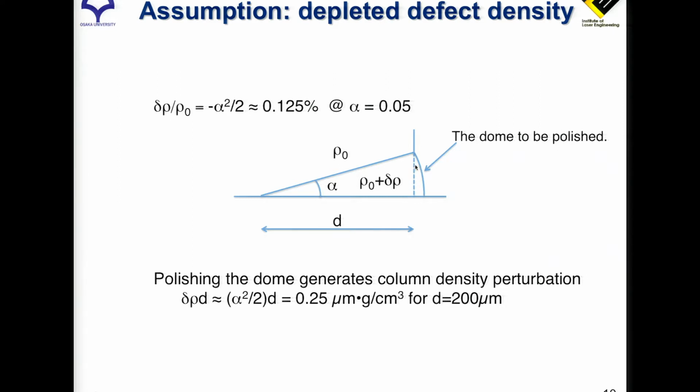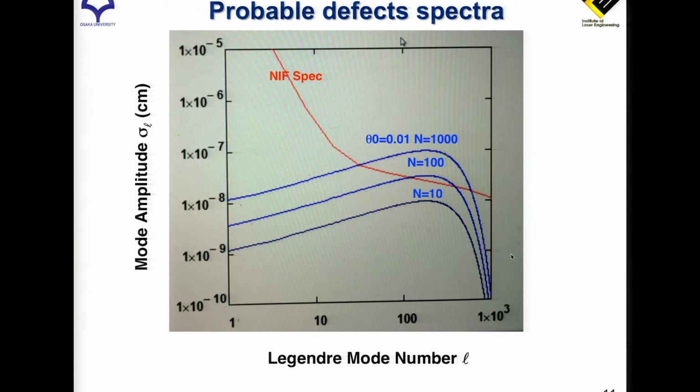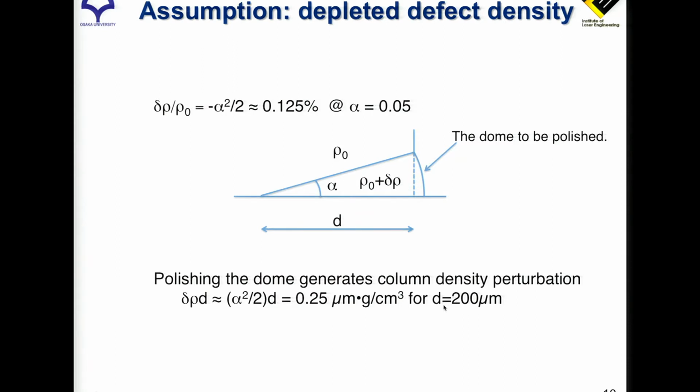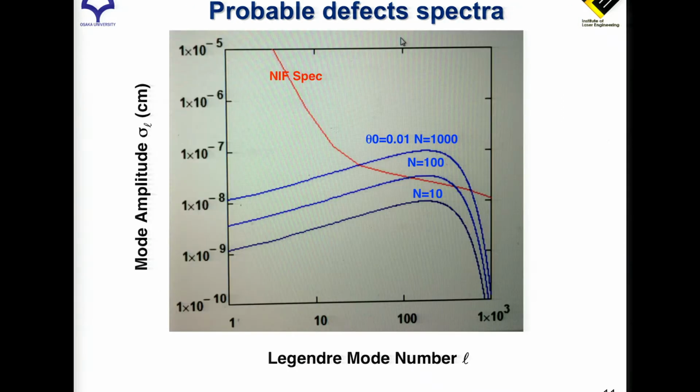It's typically 0.1% or so for NIF for a thickness of 200 micron, and theta is actually 1%.